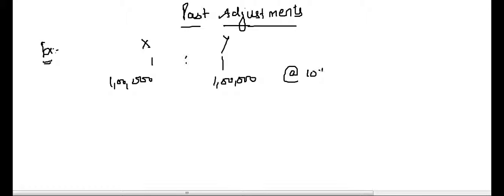Let's say in a partnership firm there are two partners, X and Y, sharing profits equally. Okay, and they have the capitals of 1 lakh and 1 lakh. Interest on capital 10%. Profits for the year are 2 lakhs. Clear?